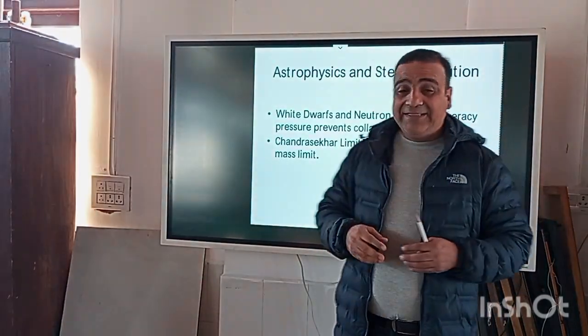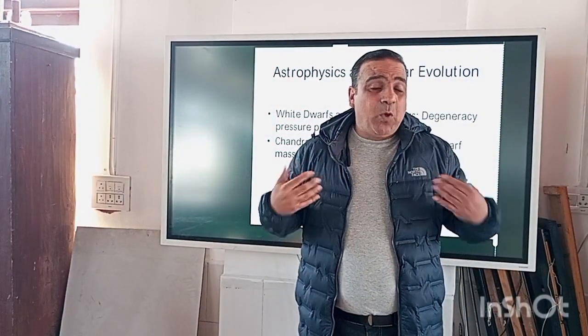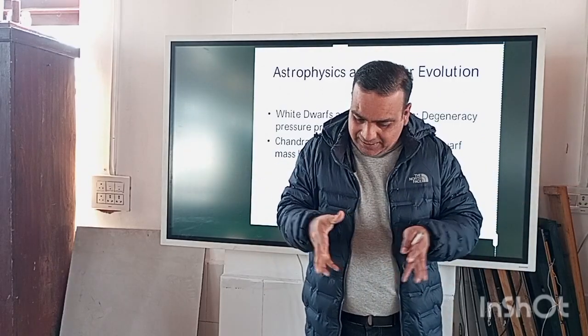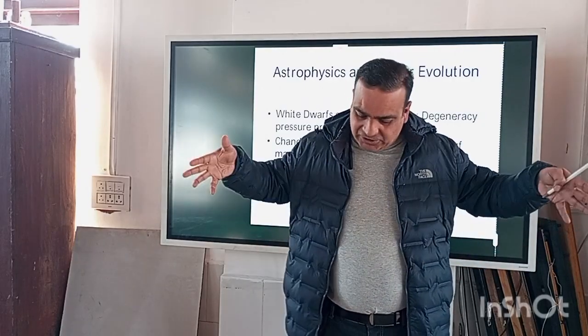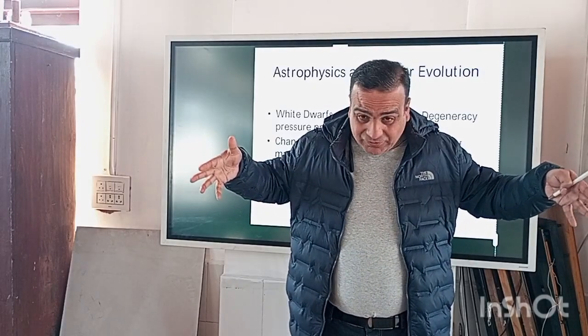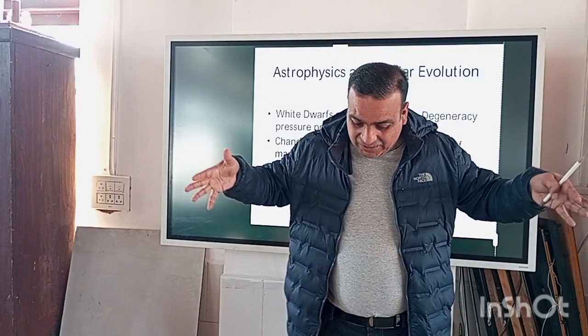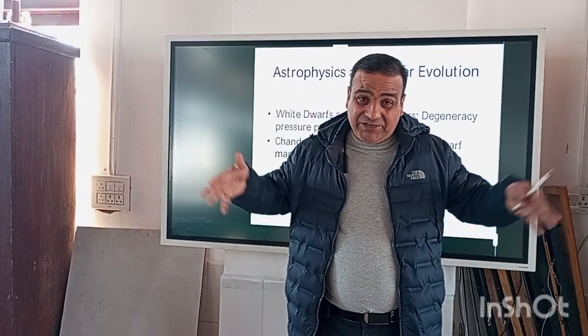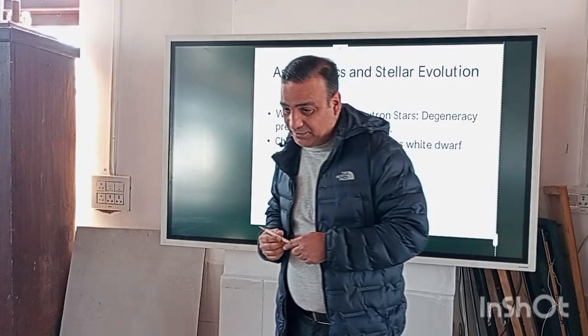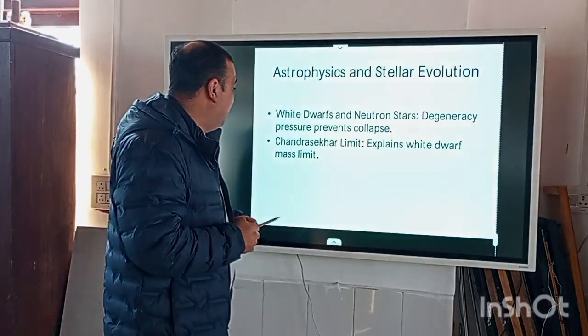The point is that even though there is an explosion, the star tends to collapse but does not collapse to the singularity. There's the birth of an inward pressure, and this inward pressure is the result of that degeneracy, and that degeneracy is the result of the exclusion principle that I'm talking about.